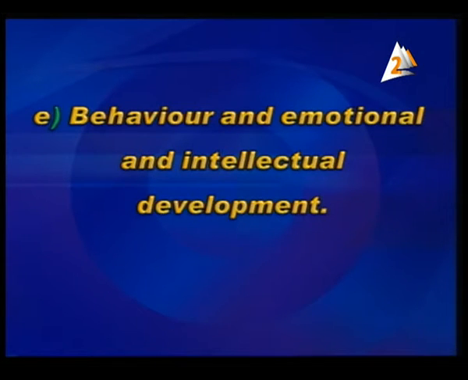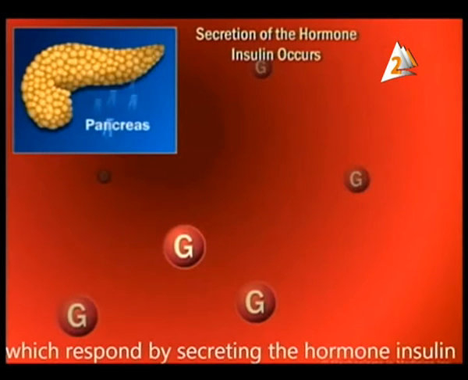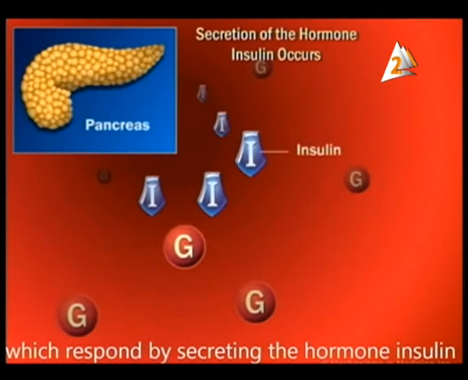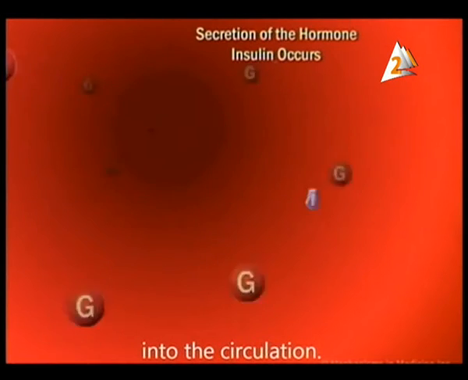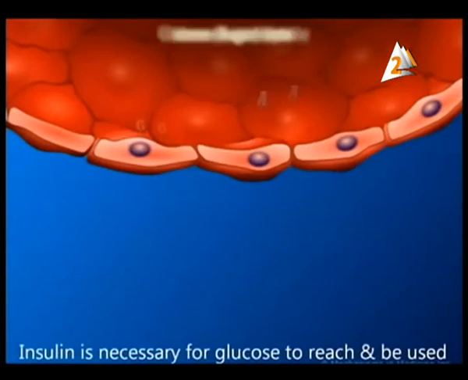Behavior and emotional and intellectual development. Sometimes, for example, once the insulin hormone is increased, the person becomes very nervous.